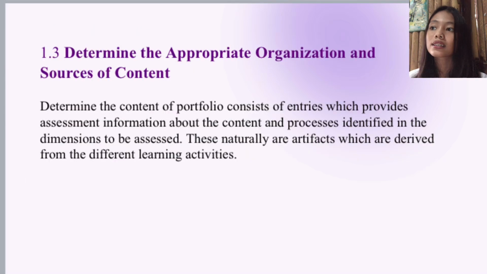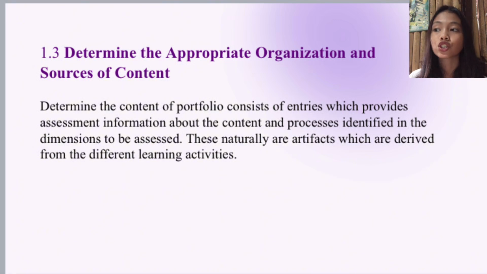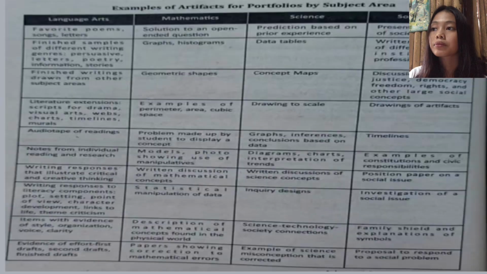Next is to determine the appropriate organization and sources of content. The content of the portfolio consists of entries which provide assessment information about the context and processes identified in the dimension to be assessed. These are naturally artifacts which are derived from the different learning activities.